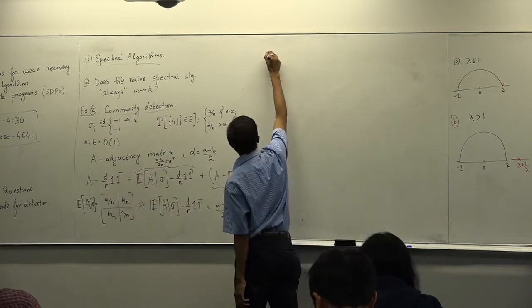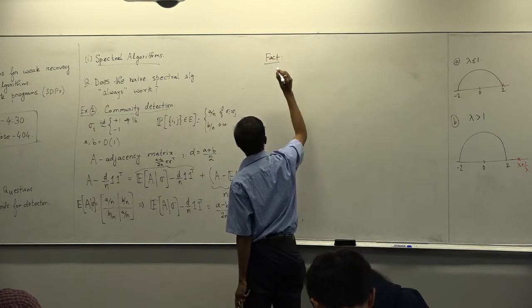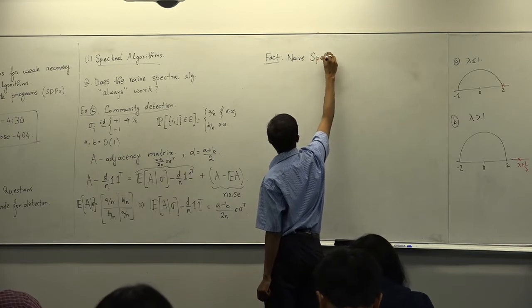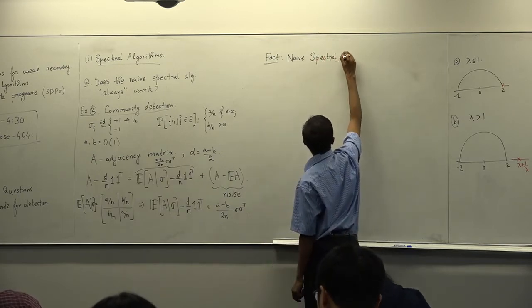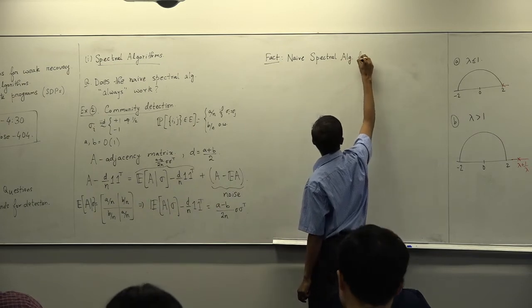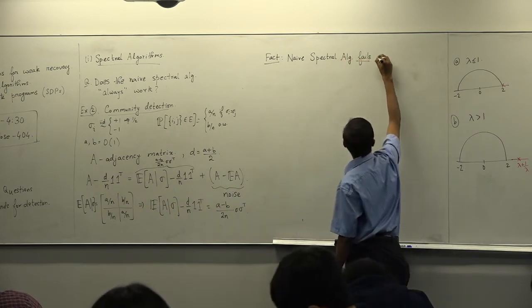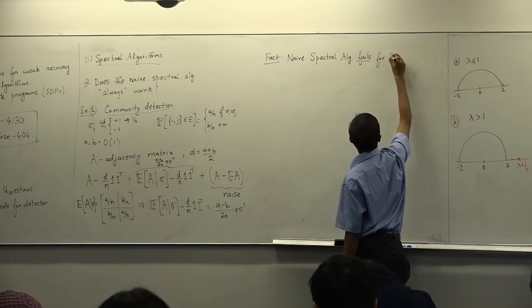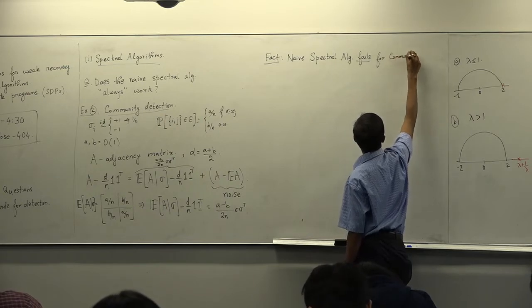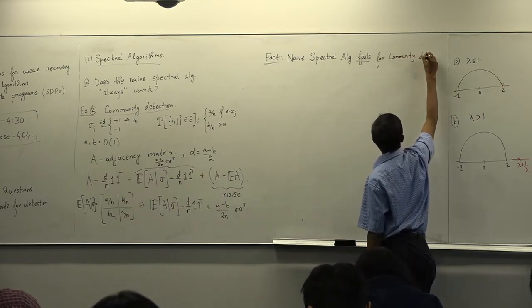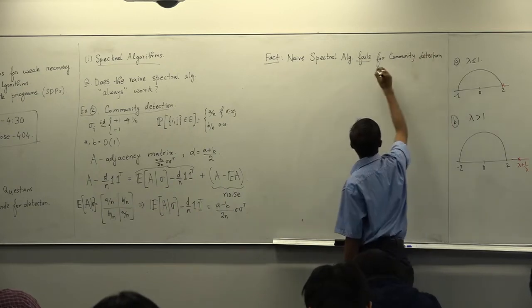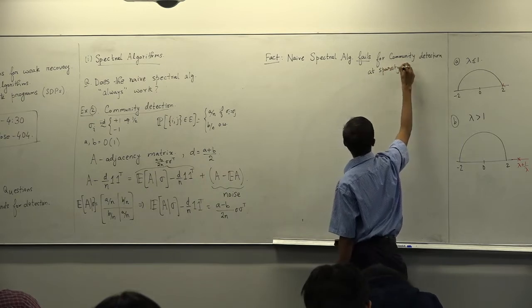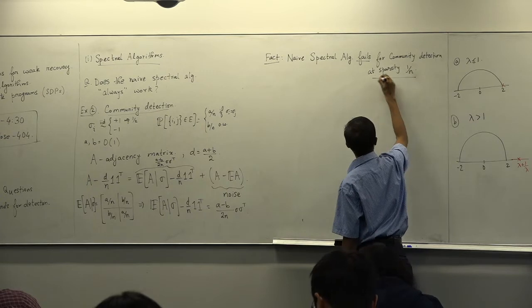So the fact is that the naive spectral algorithm fails for community detection at sparsity 1 over n, and this is important.